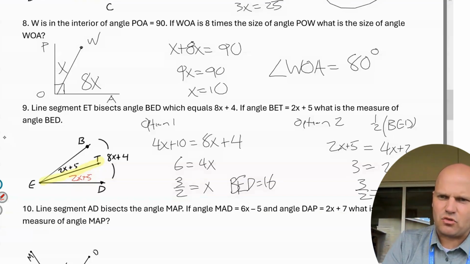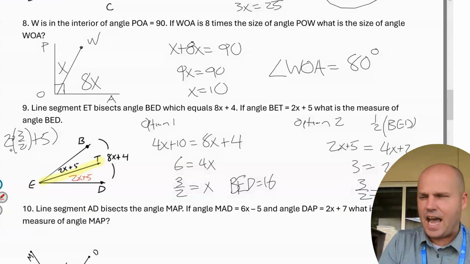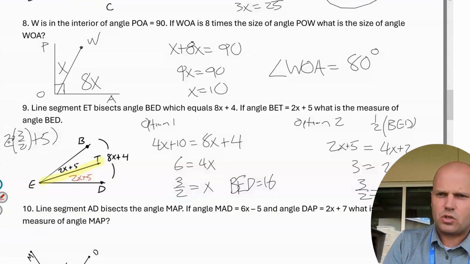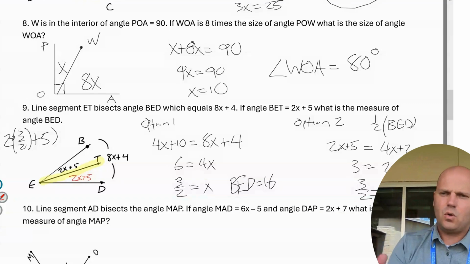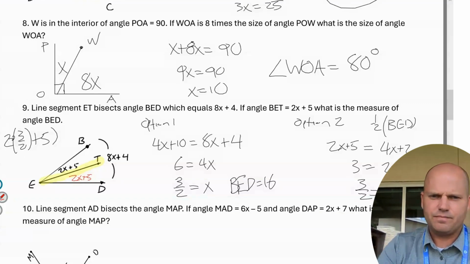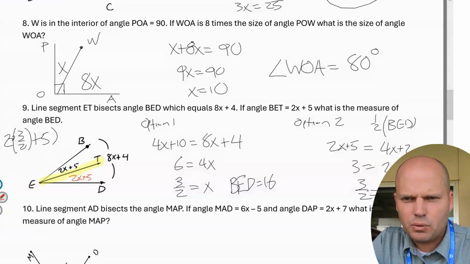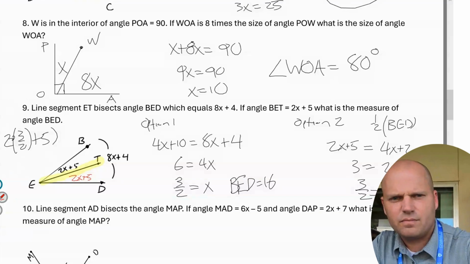Now, let's just remember how to plug in 3 halves. 2 times 3 halves, you can multiply across and say it's 6 halves. You could cancel the 2's to just say that it's 3. So 2 times 3 halves, you can think of it as 2 times 1.5, or just like 2 times 3 over 2 is 3. Plus 5 is 8, double that.